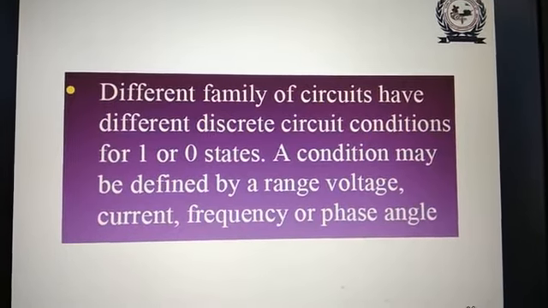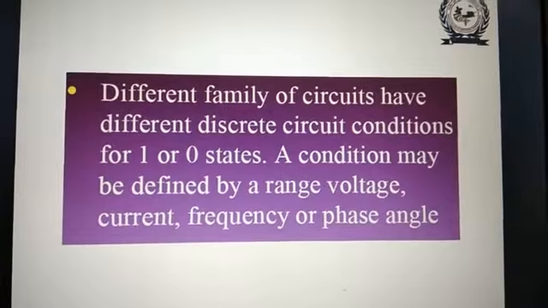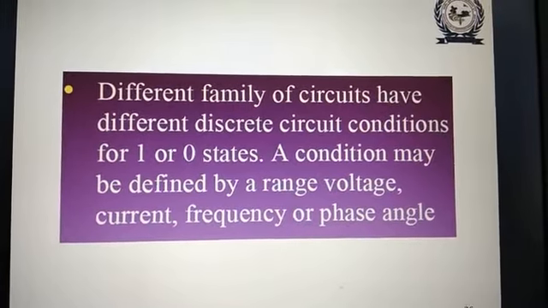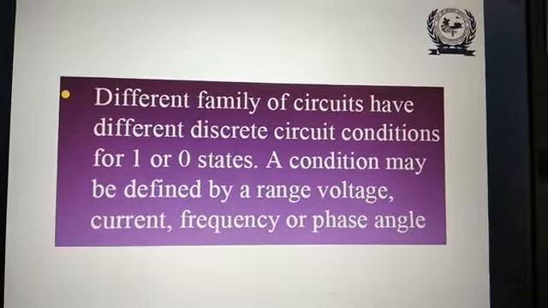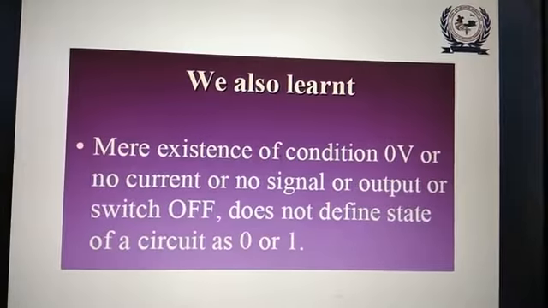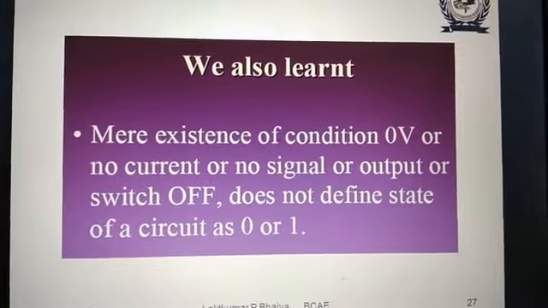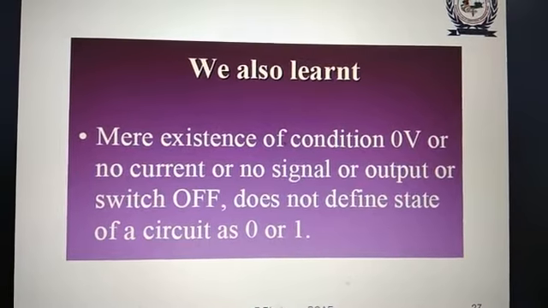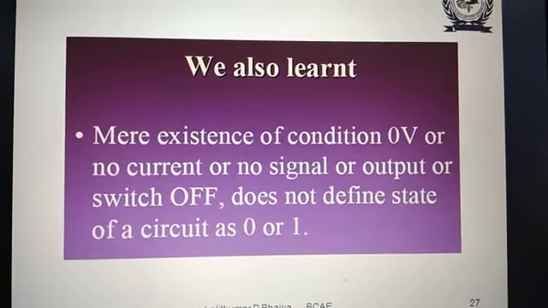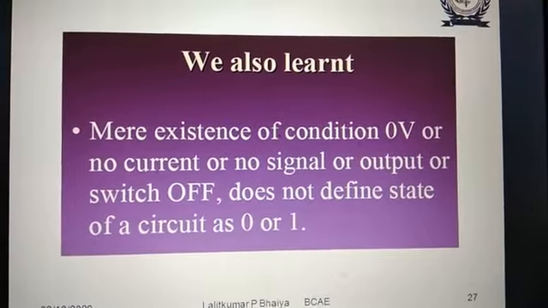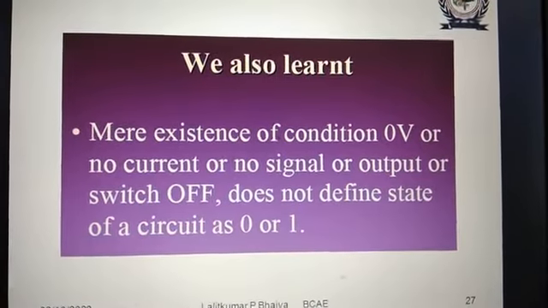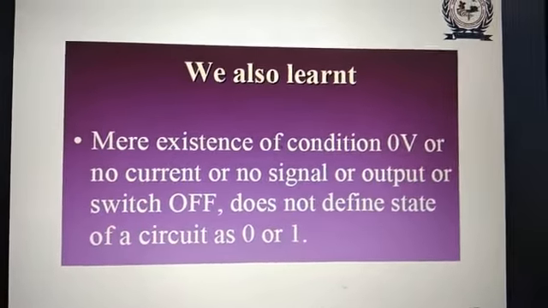A condition may be defined by a range of voltage, current, frequency, or phase angle. We also learn that the mere existence of a condition, like 0 volt or no current or no signal or output or switch off, does not define the state of the circuit as 0 or 1.